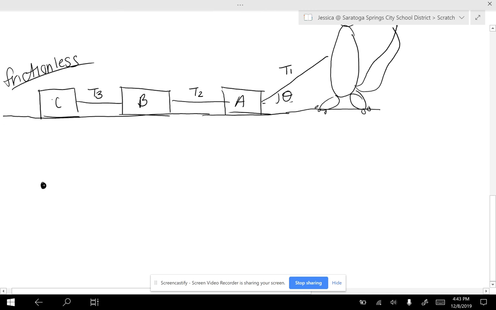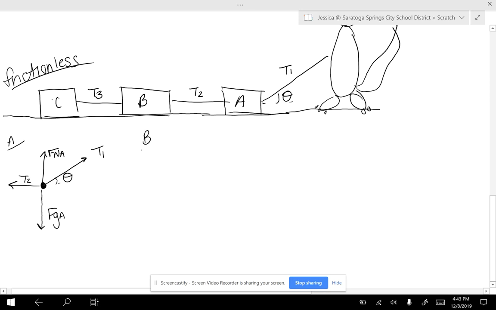So acting on object A, we have a tension, that's T1 specifically, acting at an angle of theta. We have a force of gravity acting on A. We have a normal force acting on A. And then we have a T2.